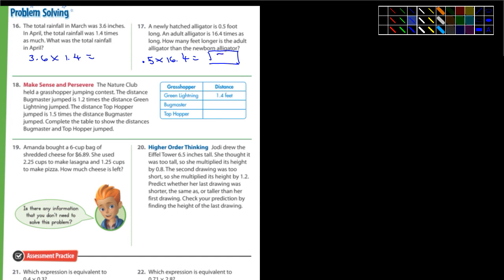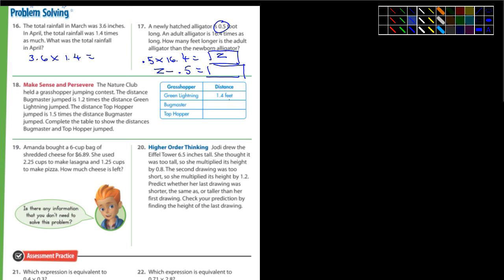Whatever z is, then you're going to subtract the 0.5. And then you will have your answer. So there's a couple steps to that. 0.5 times 16.4 equals z, and then z subtract 0.5 and you'll have your answer.